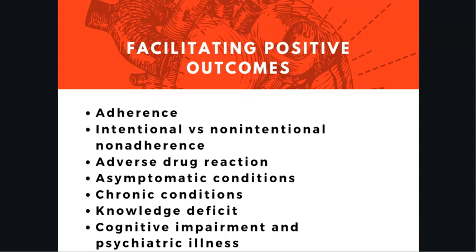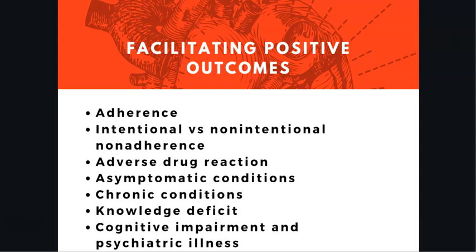So when you're facilitating positive outcomes, you want to monitor adherence and know intentional versus non-intentional non-adherence, because everybody who is non-adherent, it may not be something that they have control over, and we'll talk about that. You're going to be aware of adverse drug reactions, any kind of asymptomatic conditions, any kind of chronic conditions.